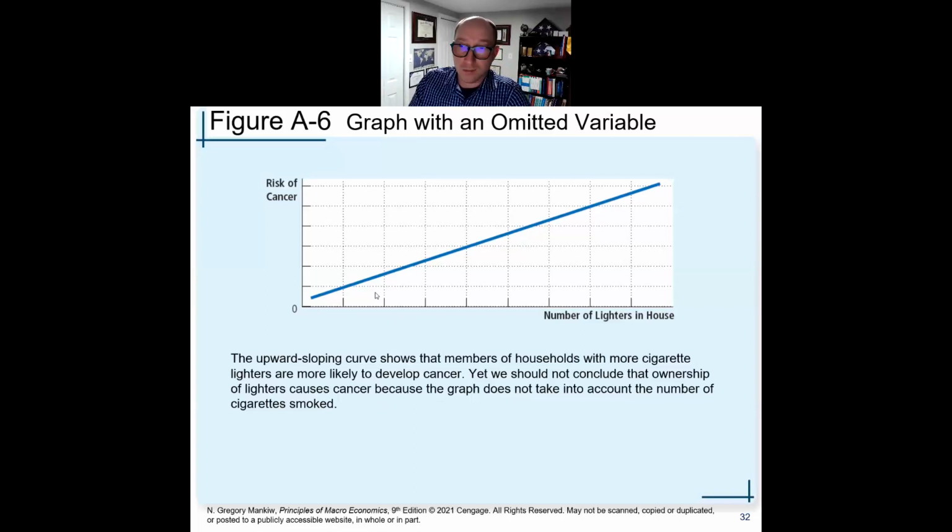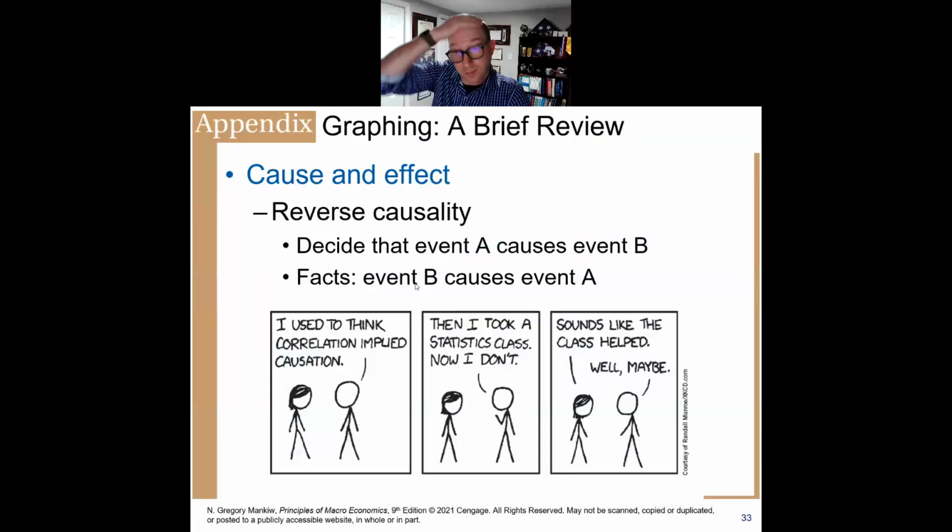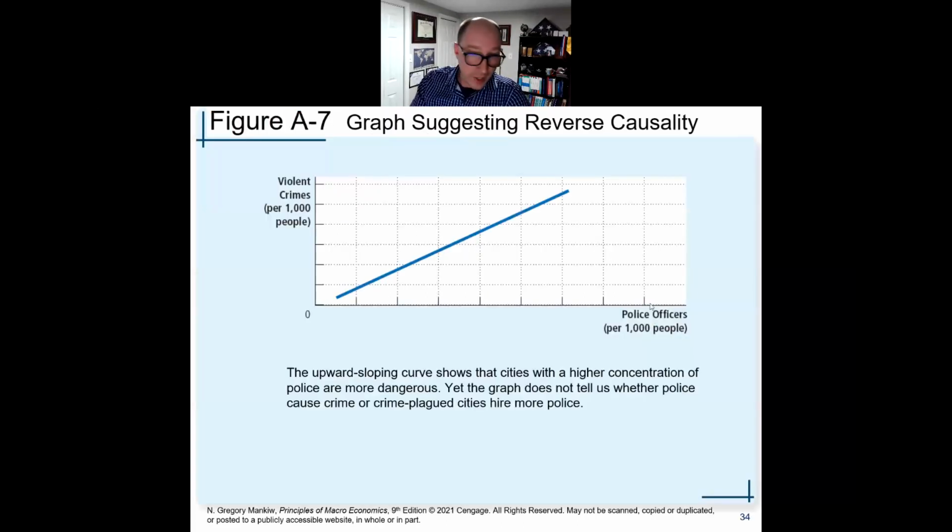This just shows you another correlation, just for examples. So it's all about causality. When there's a change in price, there's going to be a change in the quantity demanded. That's what you need to know, especially for this course. These are just some more examples of the correlation between a change in something related to a change in something else.